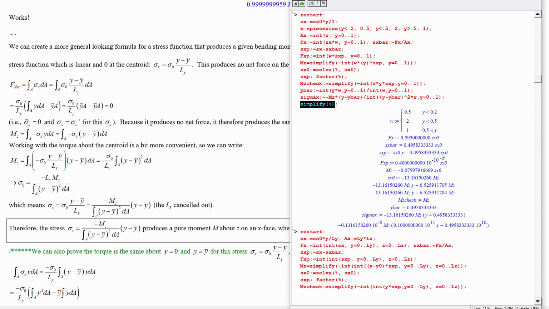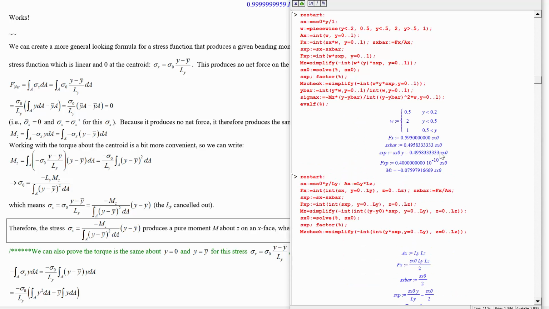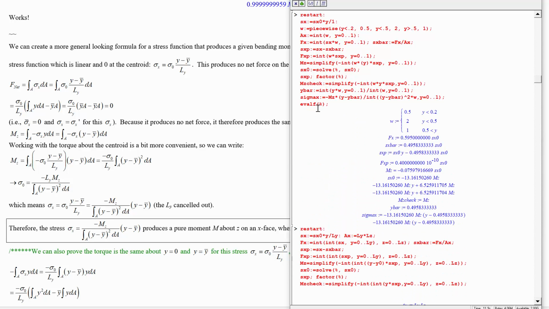Let's try expand instead. Okay, there we go. That's the one. So it is actually the same function as we had earlier. So we've got this 0.495 times the 13 gives us a 6.52.